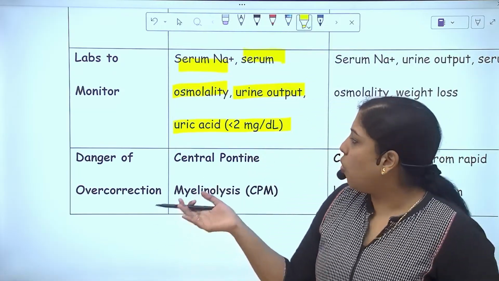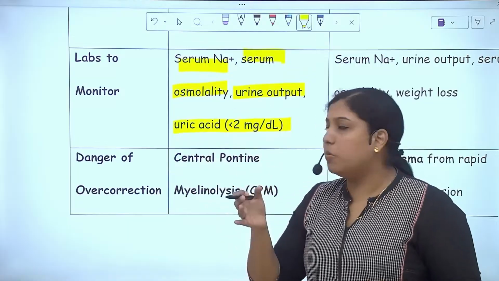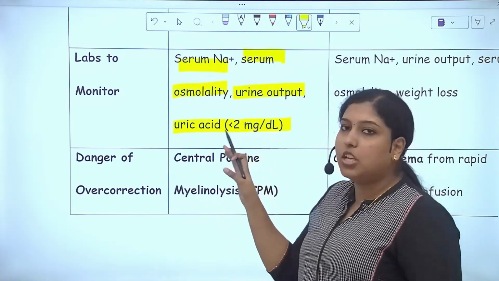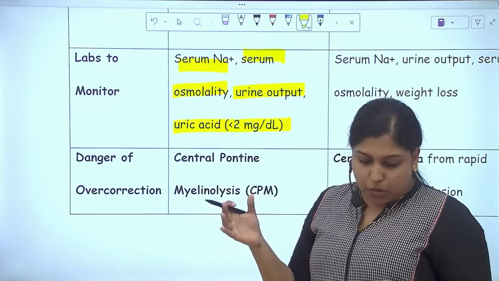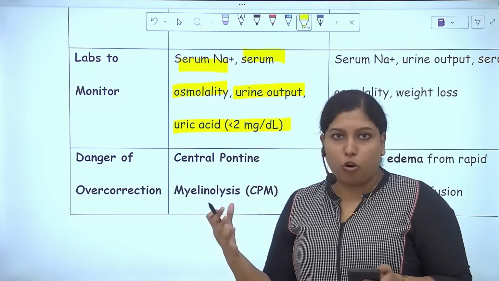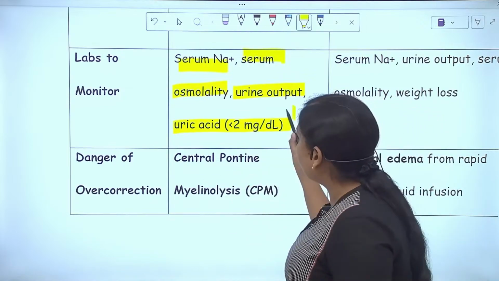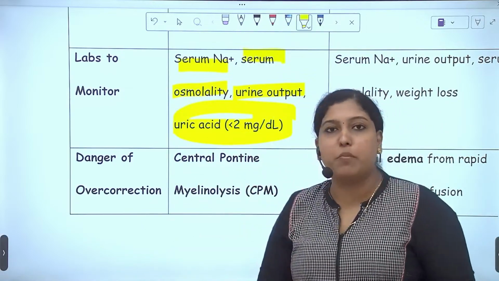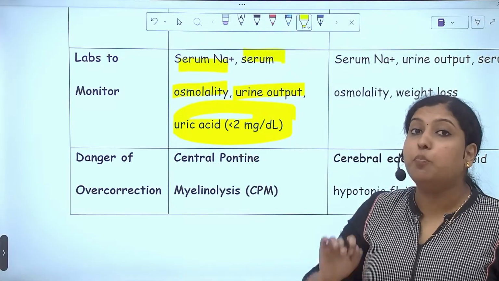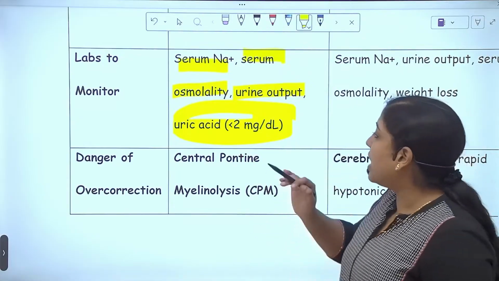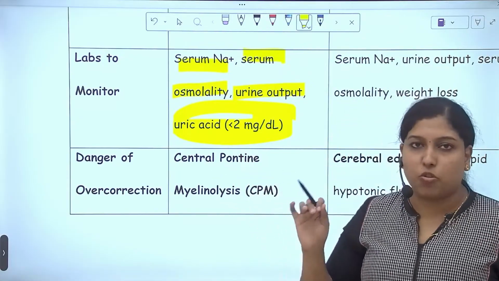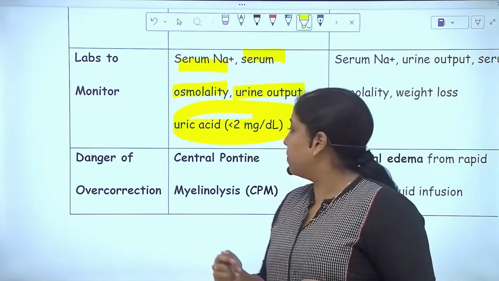So all the KFT, LFT findings will be normal, but because of the over dilution of the electrolytes in the body, another important point to remember is that the patient will have hypouricemia. The uric acid level will be reduced to 2 mg/dL.